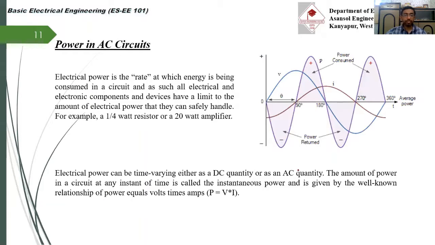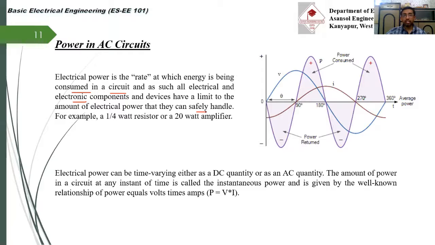Okay. Now the power in an AC circuit. The electrical power is the rate at which the energy is being consumed in the circuit. As such, all electrical components and devices have a limit to the amount of electrical power that they can safely handle.